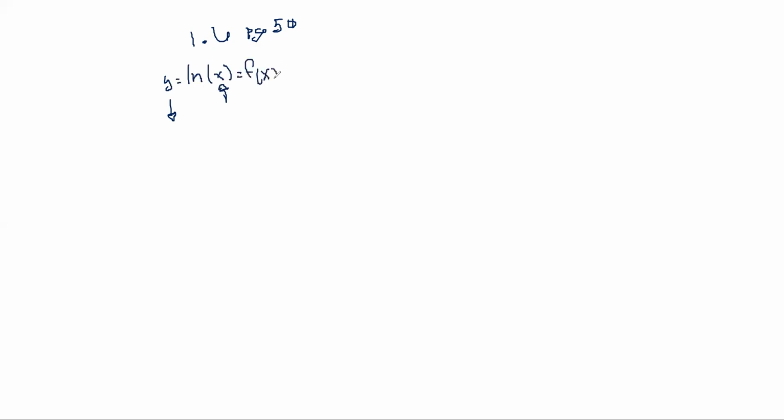We could write it as f of x. So natural logarithms enact some sort of change on a function. And just like that, when we're doing algebra with them to solve a problem, we have to do it to both sides.